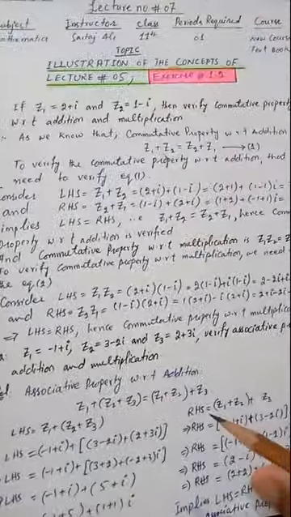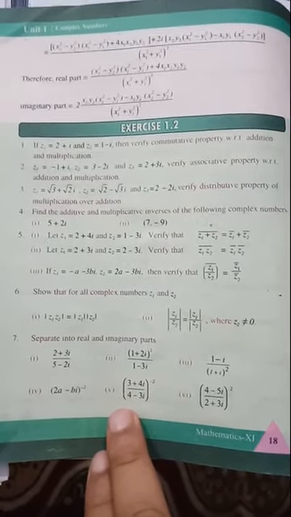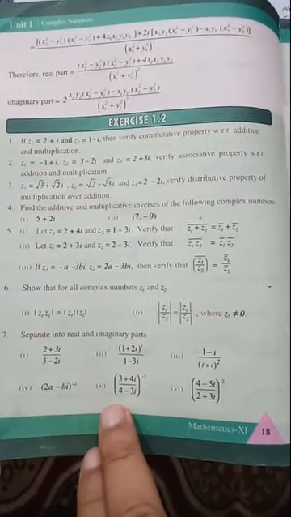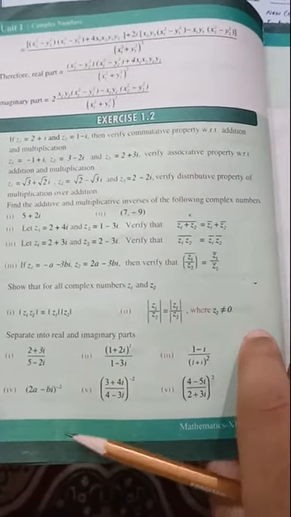Now switching towards exercise 1.2. You see that this is exercise 1.2. So we will solve these questions. This exercise is so much easy if you know the knowledge that we discussed in the previous two video lectures.